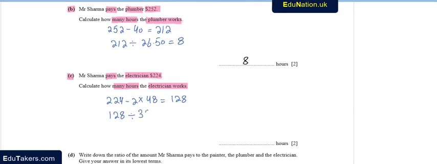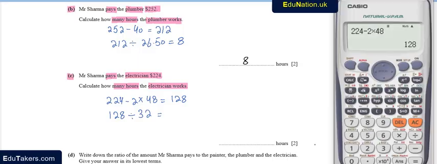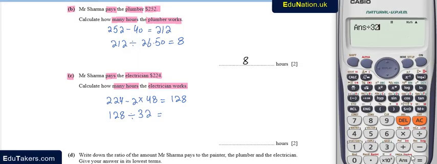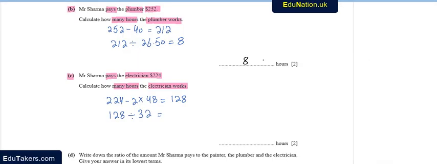So, divided by 32 equals 4. Now for the first 2 hours he charges 48 and then he works for 4 more hours. So the total working hours will be 2 plus 4 equals 6.